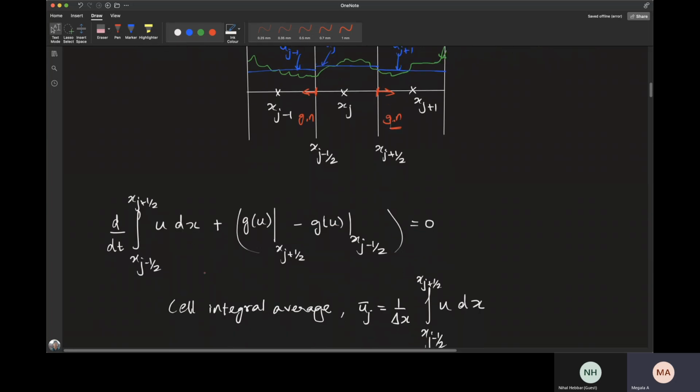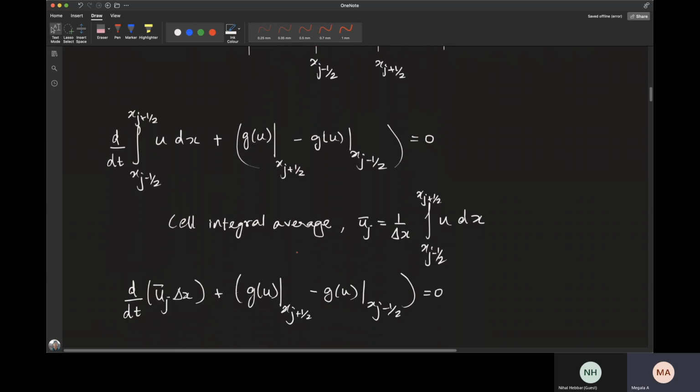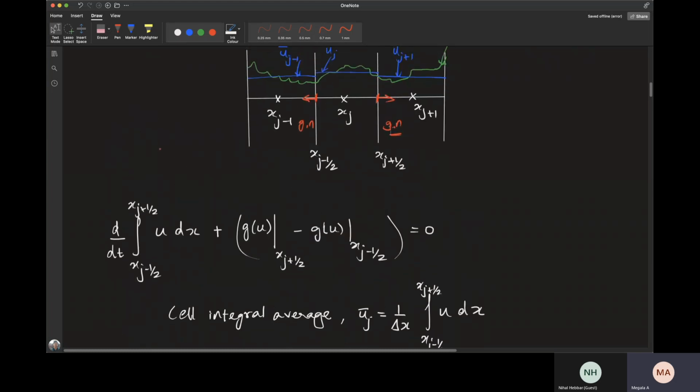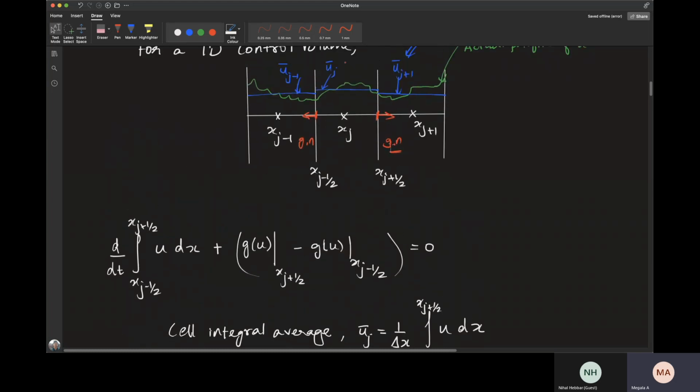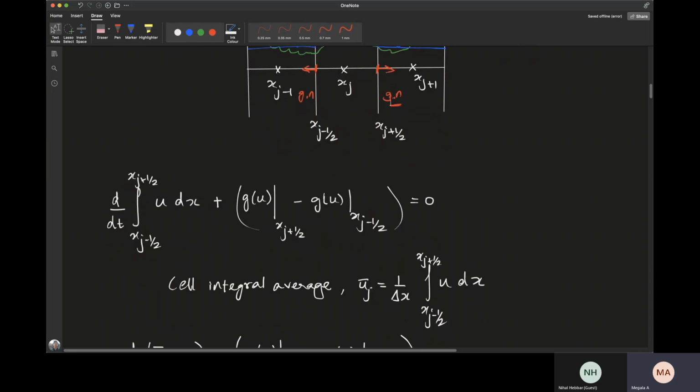So this is now an update formula. In this expression, you can just approximate this by your cell average. Basically, in finite volume, I told you that at the point xj, you will be storing only uj bar, which is the blue line and not this green line. So an average of this quantity, integral u dx, will be uj bar.